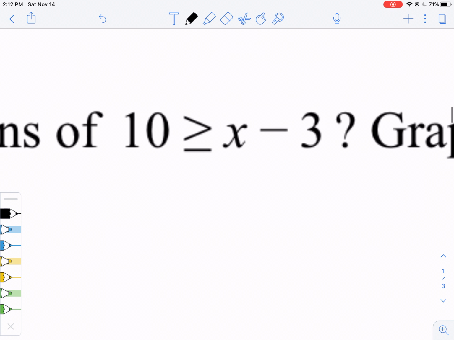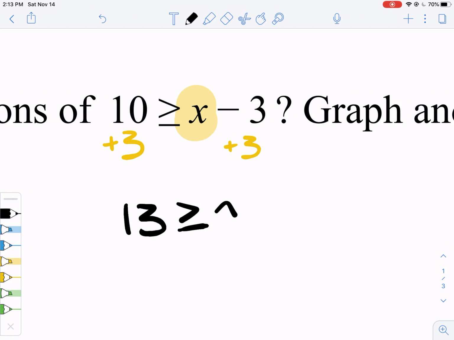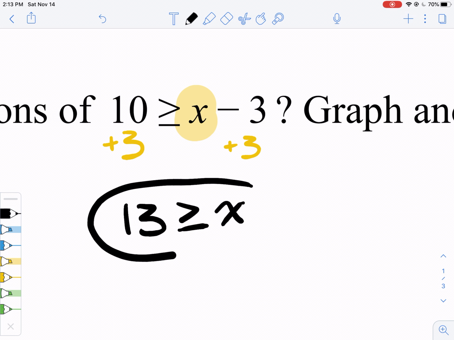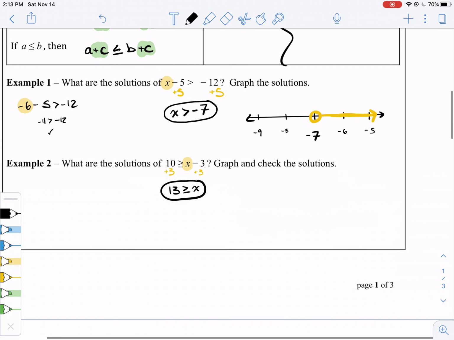What about if you have 10 is greater than or equal to x minus 3? Again, we're trying to get our x on one side of an inequality. So to undo what's happening to our x, we're going to add 3 to both sides. This gives us that 13 is greater than or equal to x. So any number that's 13 or bigger is going to satisfy this.